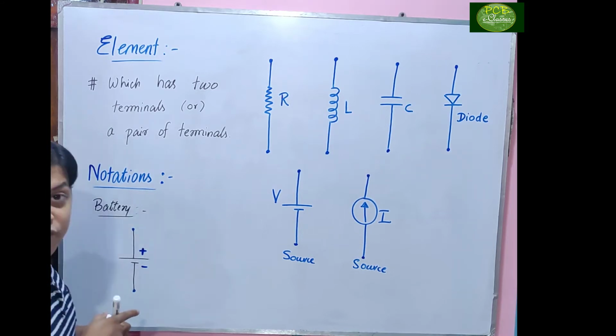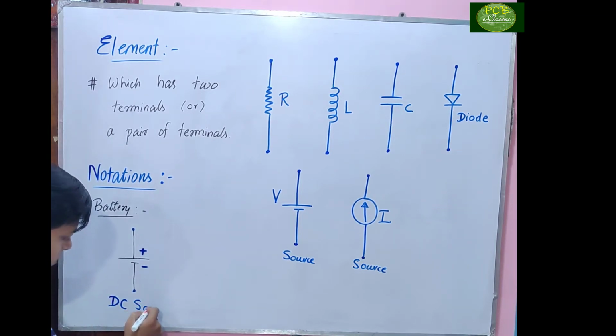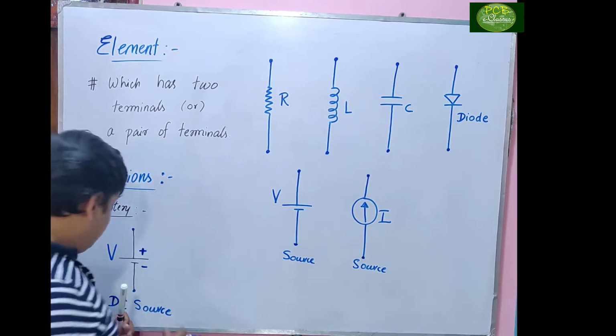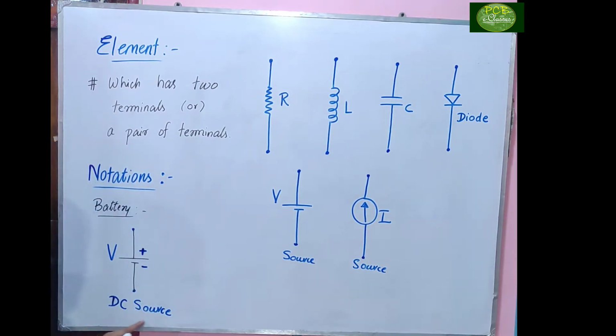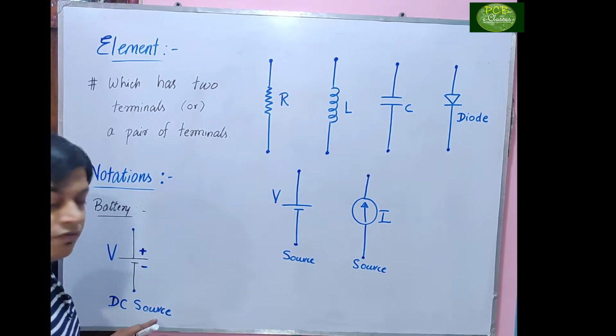Fine. But this is a battery. Battery is what type of source? It's always a DC source. So this is coming under DC source, and it will be having certain voltage. So it is a voltage source. Right? So as we are dealing with the DC source, we will see what are the representation of the DC sources. Fine.